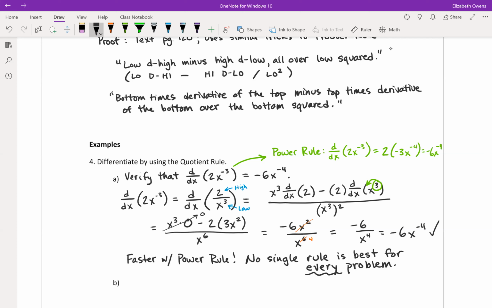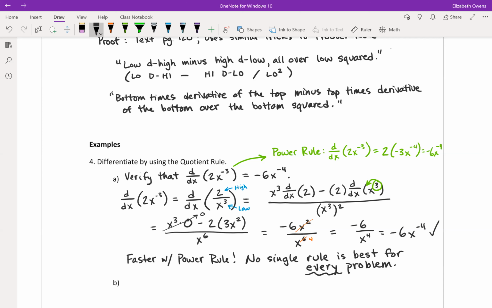Certain differentiation rules just will not apply in certain cases. And then also, even if it did apply, it might not be the best choice and it might leave you vulnerable to errors. So you really need to have all the derivative rules handy for you to use. We're building up your toolbox here of different derivative rules to use.